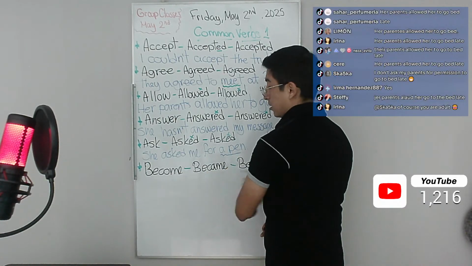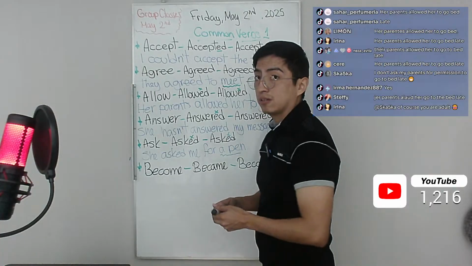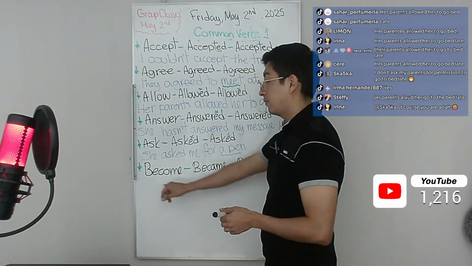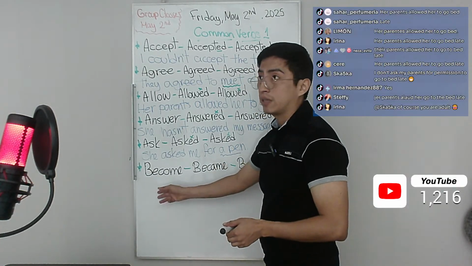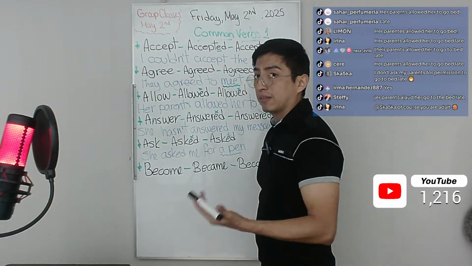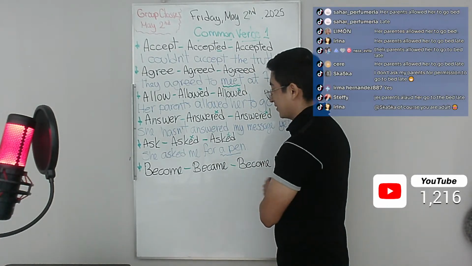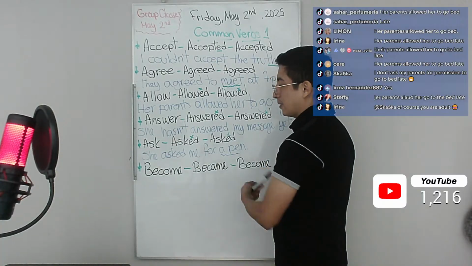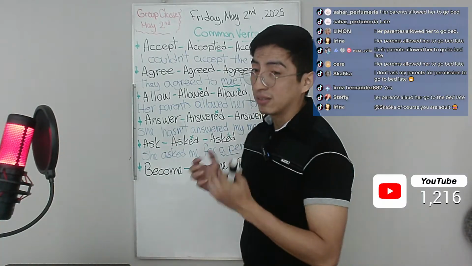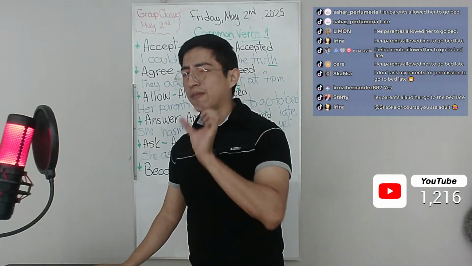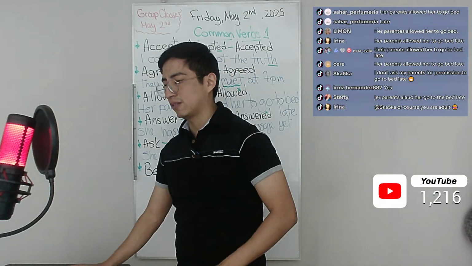Teacher, become and become are the same? Yeah, it depends on the context. If it's simple present, you can use become. If it's present perfect, you can use this. They are very similar, but depending on the context, they would have a very slight difference.